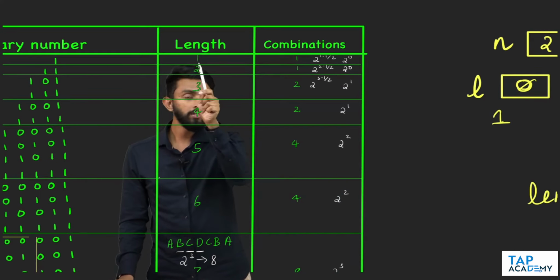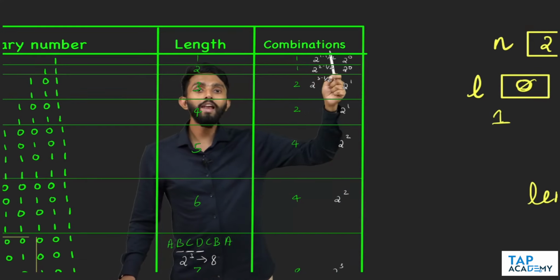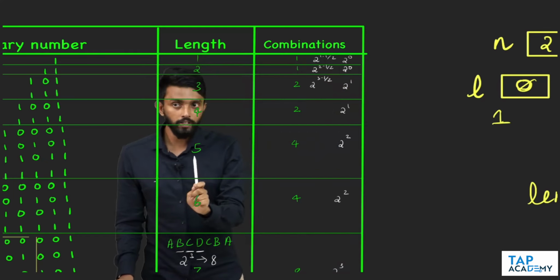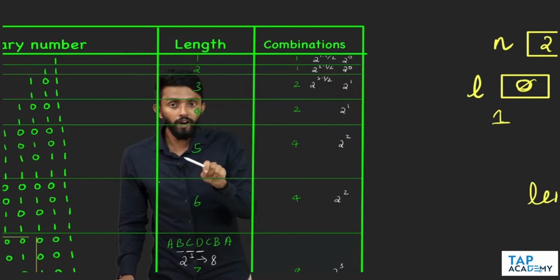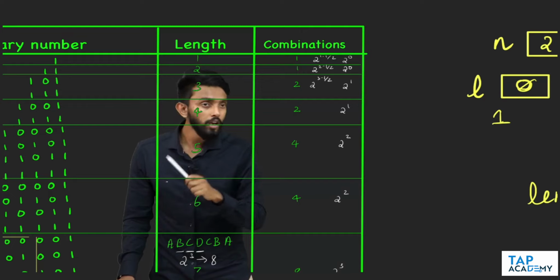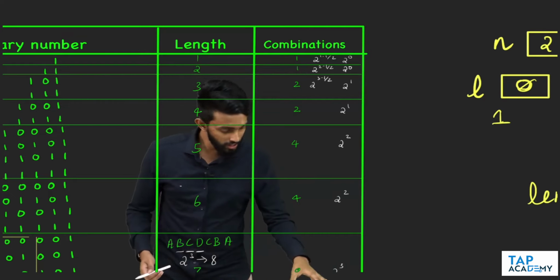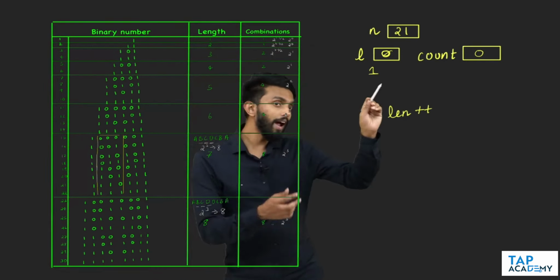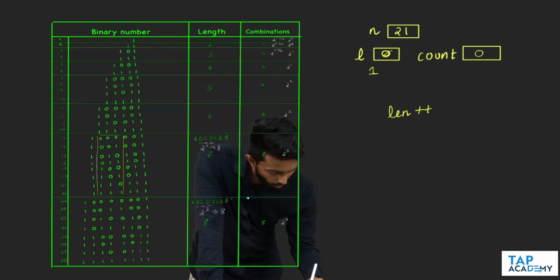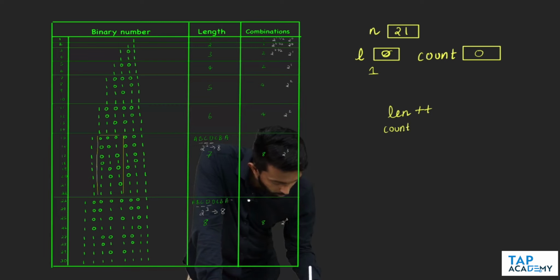If you have the length, (2 to the power of (length minus 1)) divided by 2 will give you the number of combinations. Look at this, it is 5. 2 to the power of 5 minus 1 is 4. 4 divided by 2 is 2. 2 to the power 2 is nothing but 4. So, if you know the length, you can find the number of combinations, which means for that length, to find the count of the number of combinations, all I have to do is update the value of count by telling count plus equal to.